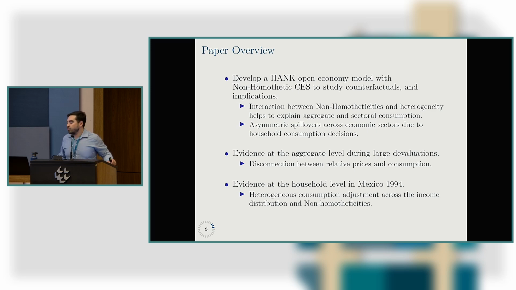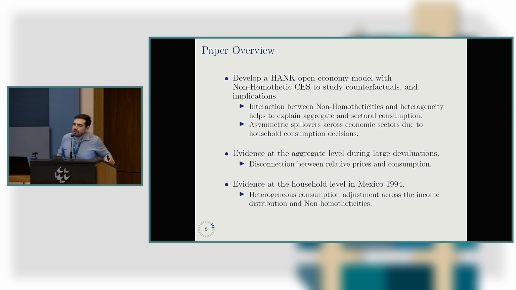And then I go to the empirical evidence. First, I show some aggregate empirical evidence. The first result is that during episodes of large devaluations, think about Mexico in 1994 or the Asian crisis, Thailand in 1997, there is a disconnection between relative prices and relative consumption.